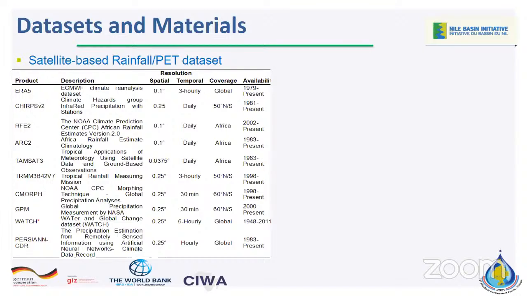And the third one is reasonable spatio-temporal resolution, and so on. These are the criteria used to select these 10 satellite-based rainfall datasets.